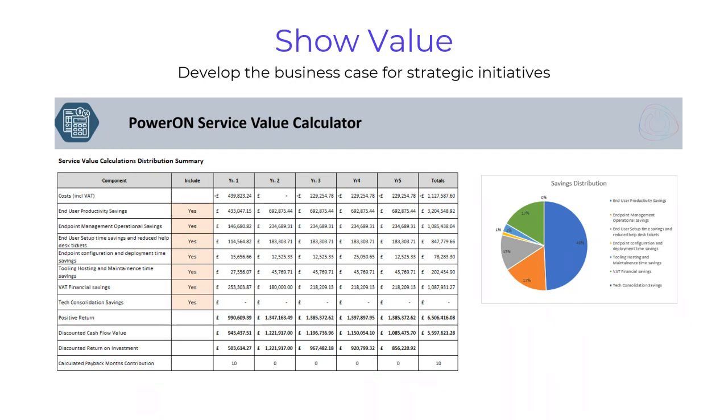So there's a number of elements that we factor in to show value. This helps drive the business case if you're looking to make that large license commitment or make the business case for a large investment.